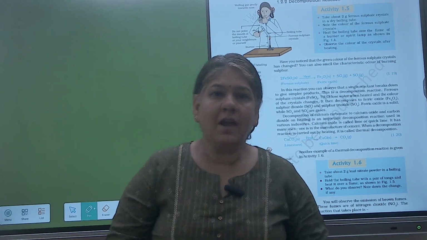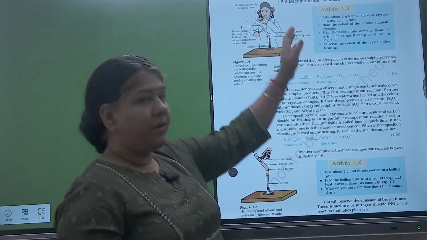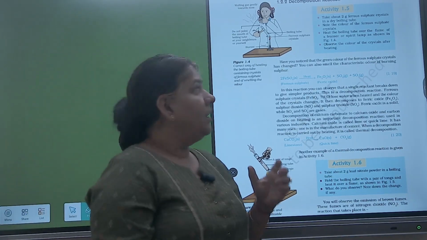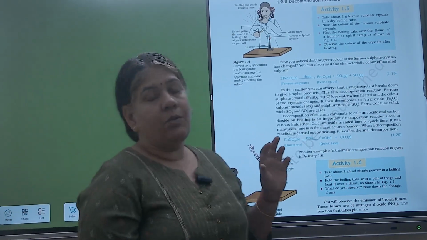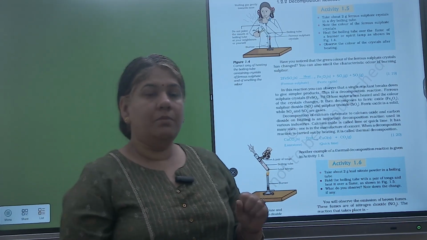So let's get started. Decomposition reaction basically means we are breaking down a substance into simpler substances. This breaking down takes place with the help of energy that is provided to the substance.